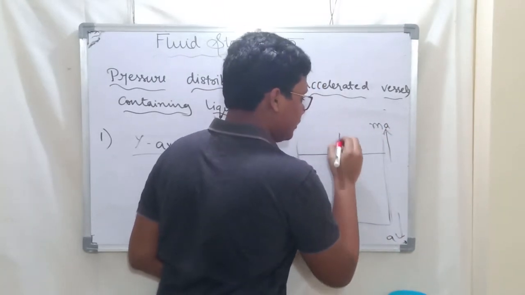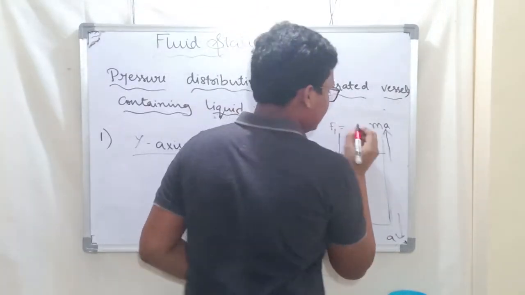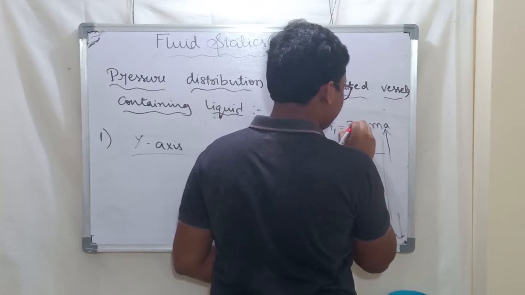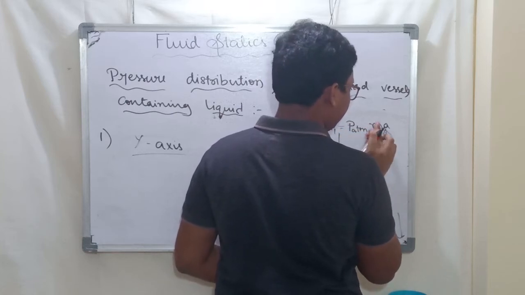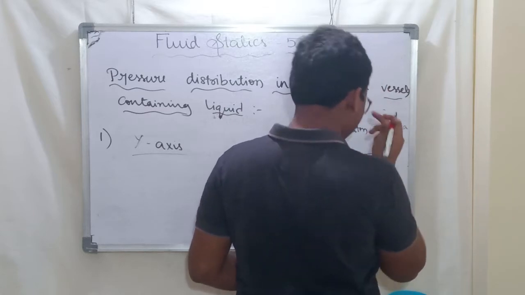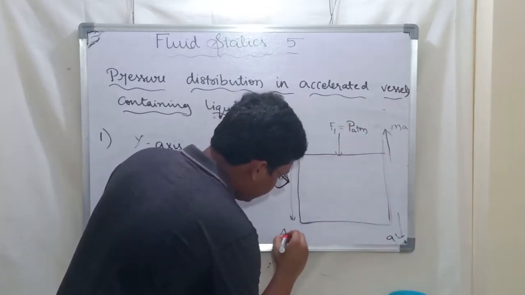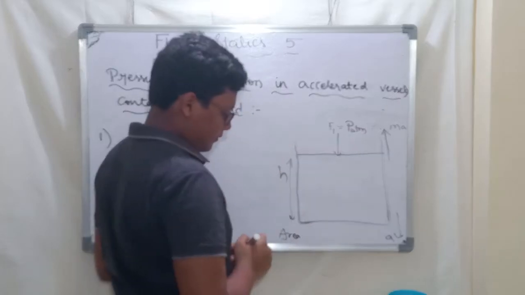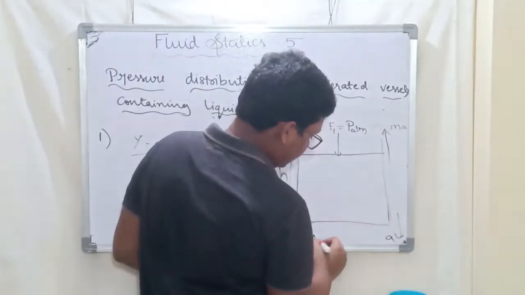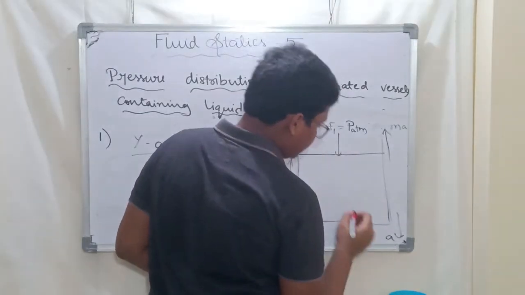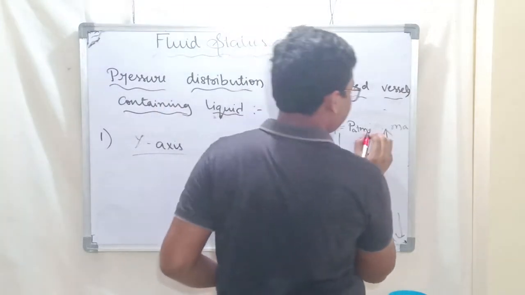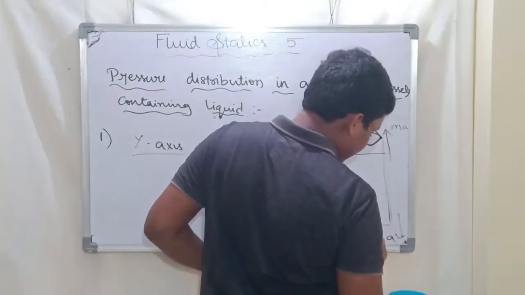Here we know that the force F1 plus F1 is equals to PATM into cross-sectional area, which is A1, and here PA is the pressure at this bottom, and mg is acting downwards.